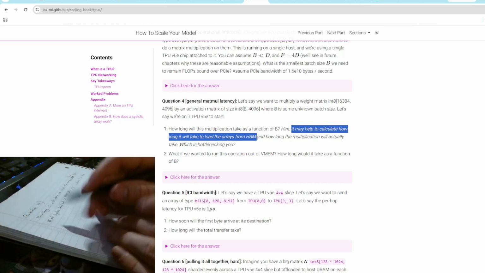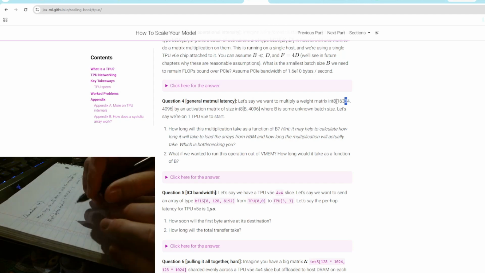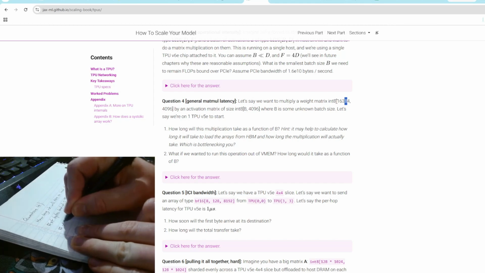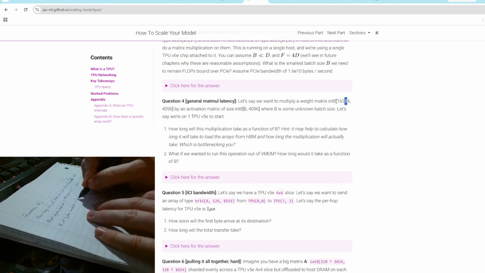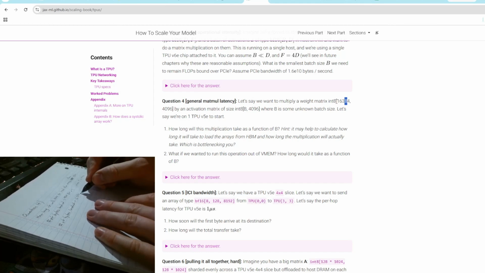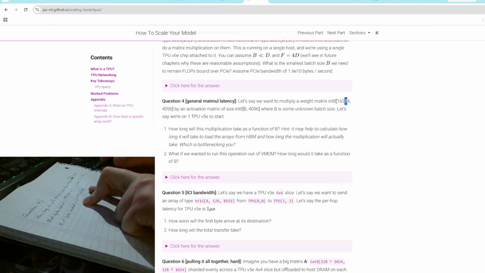So number of bytes loaded equals 16,384 times 4,096. This is all 1 byte because we're in integer 8.